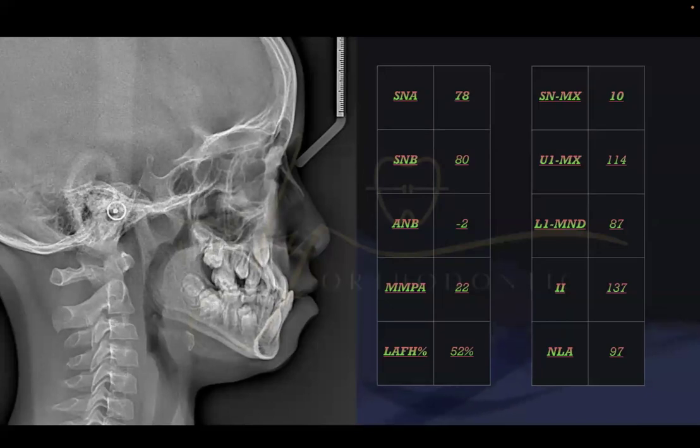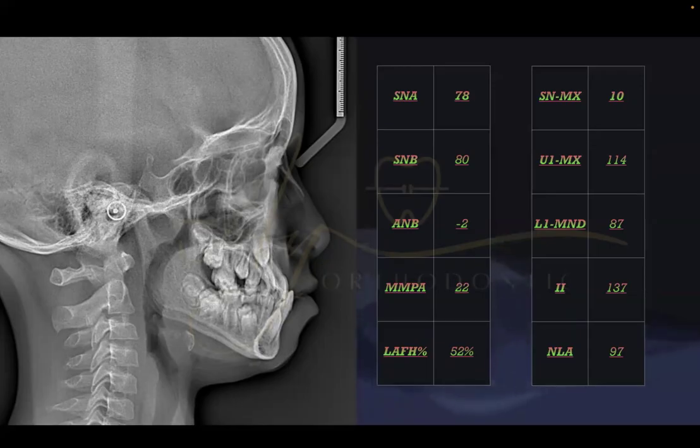First, we need to correct the skeletal discrepancy by the growth modulation therapy, by the reverse pull headgear and the reverse pull face mask with the RME, to correct the transverse and the anteroposterior discrepancy of the maxillomandibular skeletal relation.